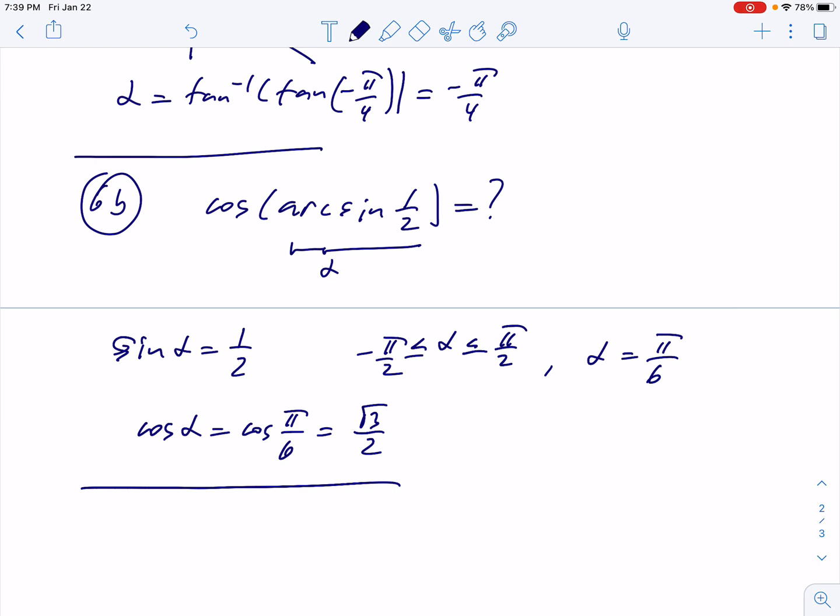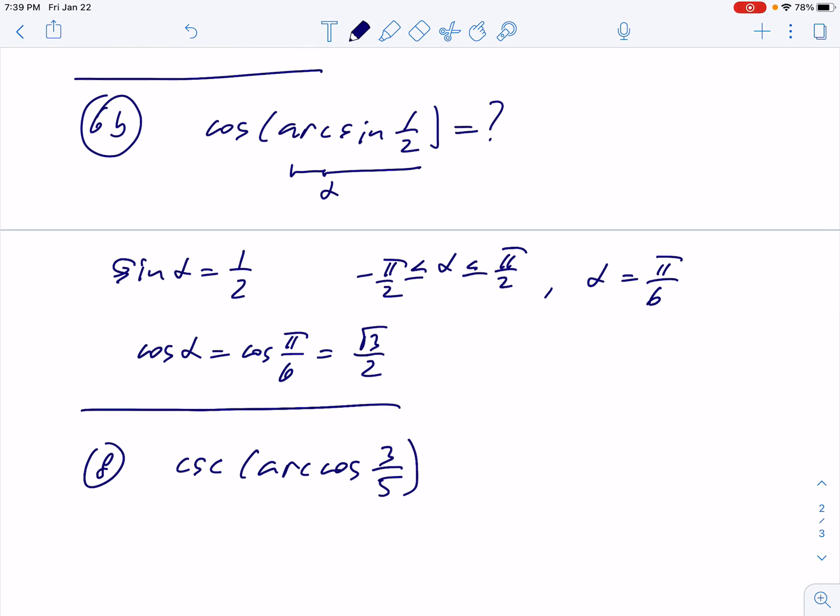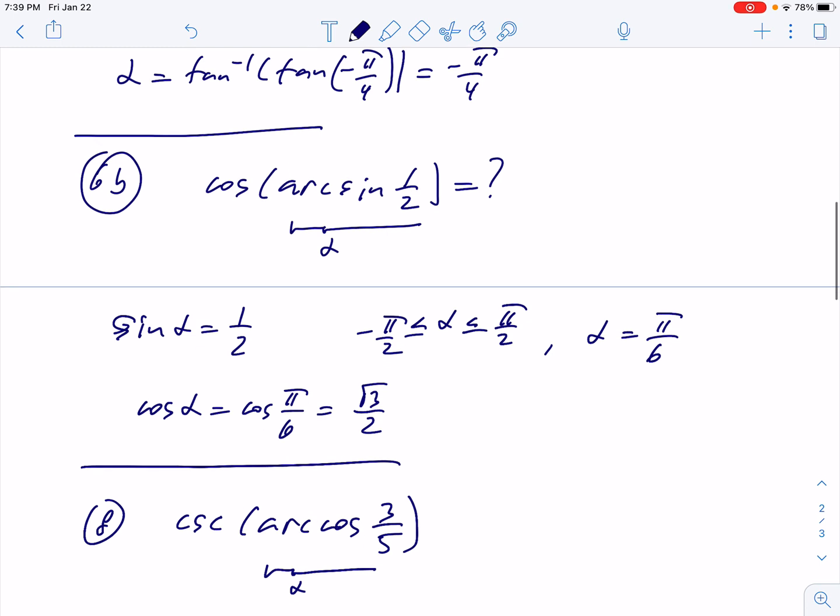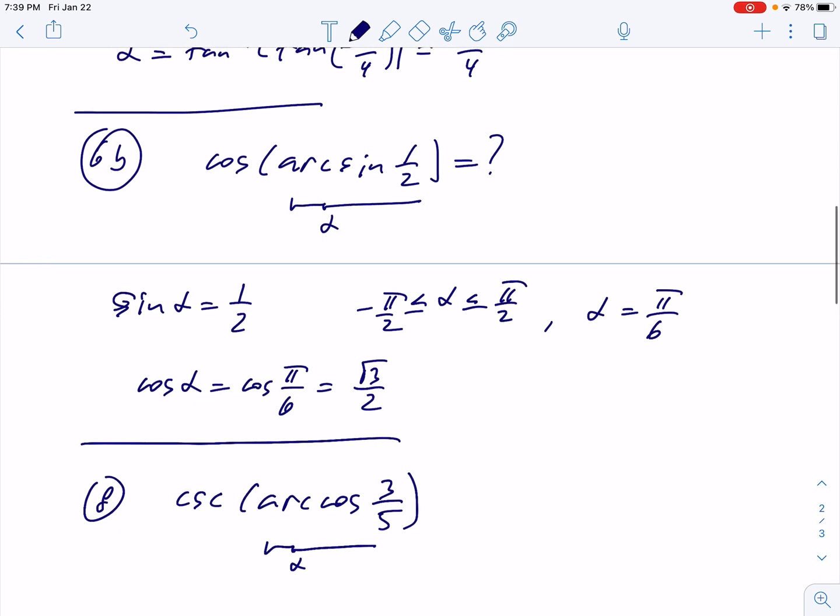Now, another one which is similar, evaluate cosecant arc cosine 3/5. Okay, arc cosine 3/5, again I'm calling alpha. And it is good to switch immediately to sines and cosines when you have secants and cosecants.